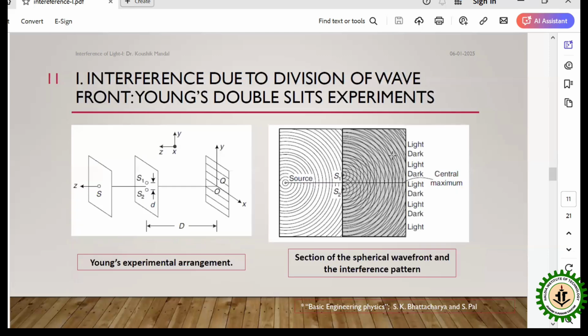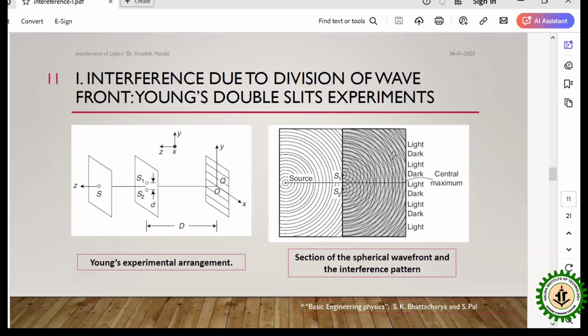So the first part is interference due to the division of wavefront. You can easily get a sense of it from Young's double slit experiment. So what is Young's double slit experiment? See the arrangement in the first figure.